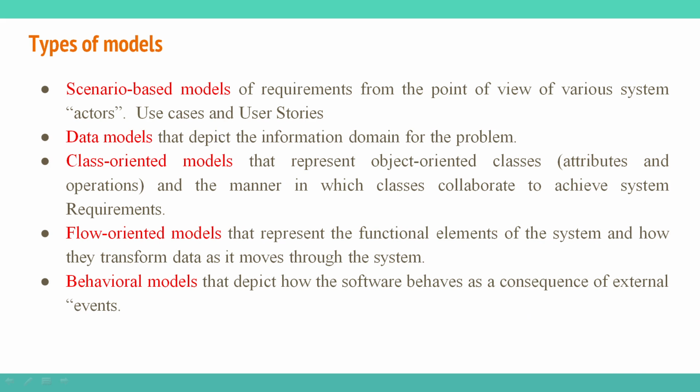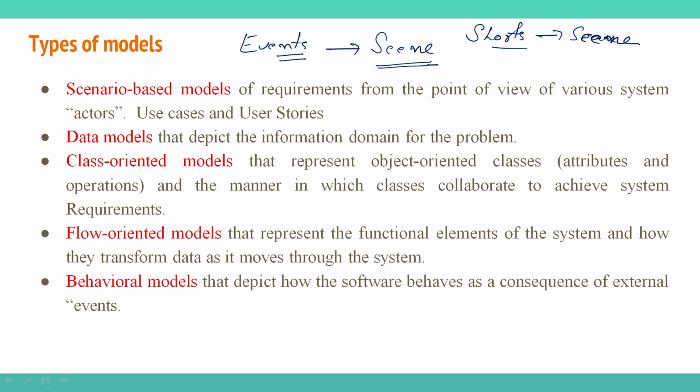Events are combined together to form a scene. This is just like a cinema. Every scene is created from different events. In a film, we shoot different shots, and different shots create a scene. Similarly, each event is a kind of shot.